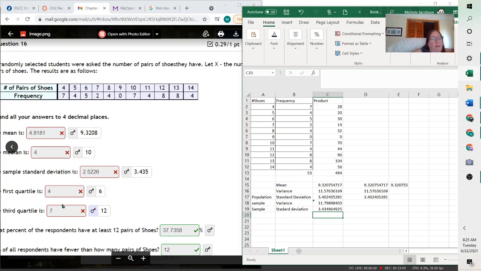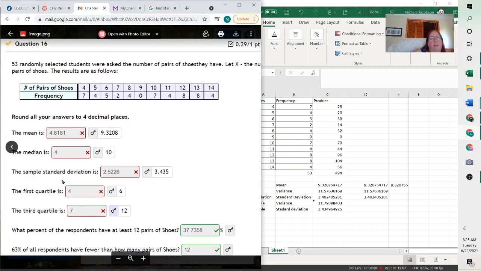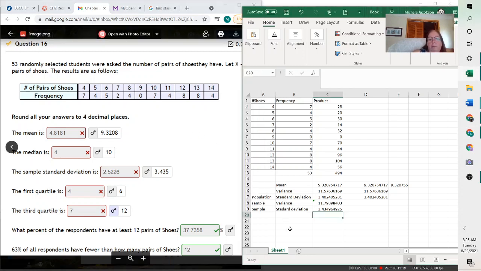Now for the first and third quartiles, it breaks it up into quarters. And if we look at how many there were, 53. The middle one would be the median. So we're going to take 1 out. So 53 minus 1 is 52.